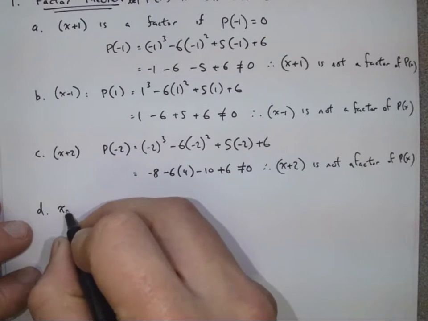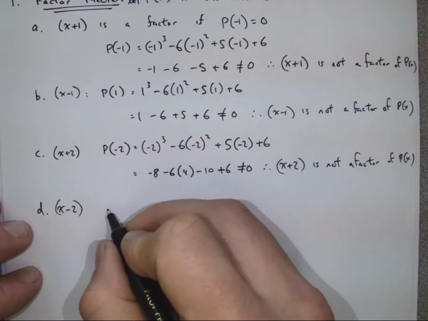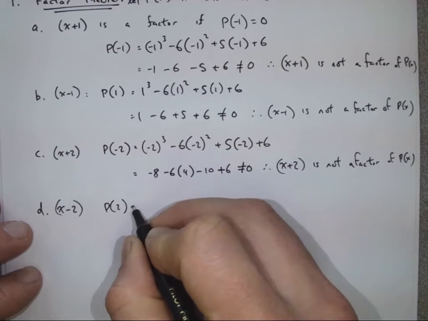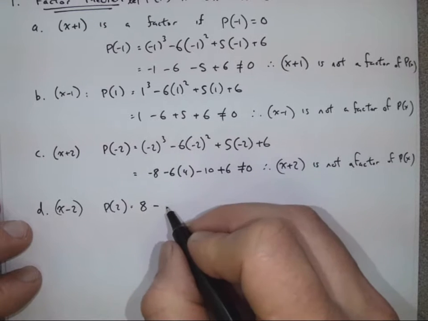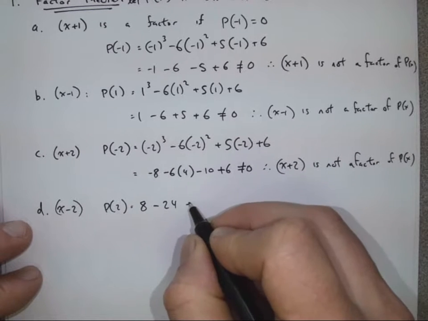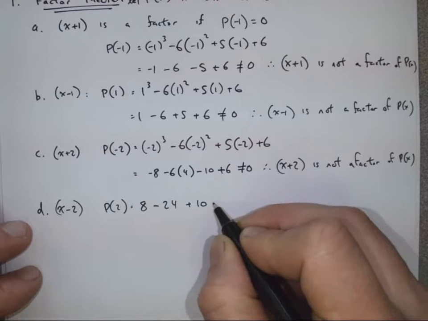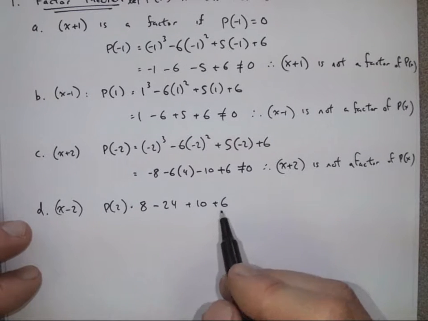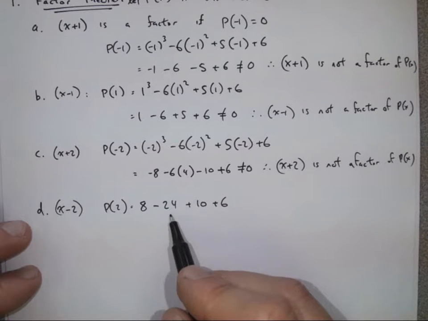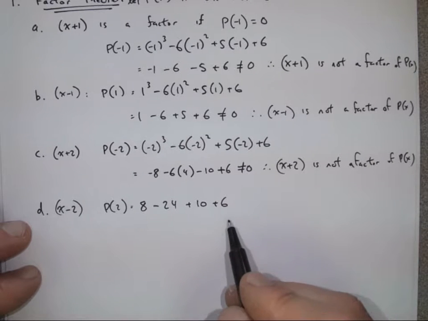So lastly, we'll try D. So we'll take x minus 2. And so then we're looking for what p of 2 is. Okay, well that'll be 8 minus 6 times 4, which is 24, plus 5 times 2, which is 10, plus 6. And now we have 3 positive terms and 1 negative, but this one's a big negative term, much bigger than each of these individual positive terms.